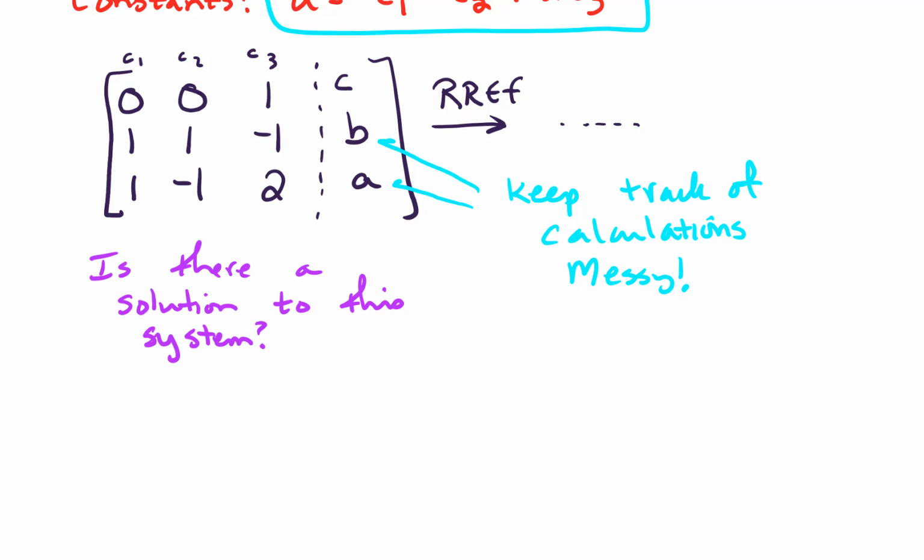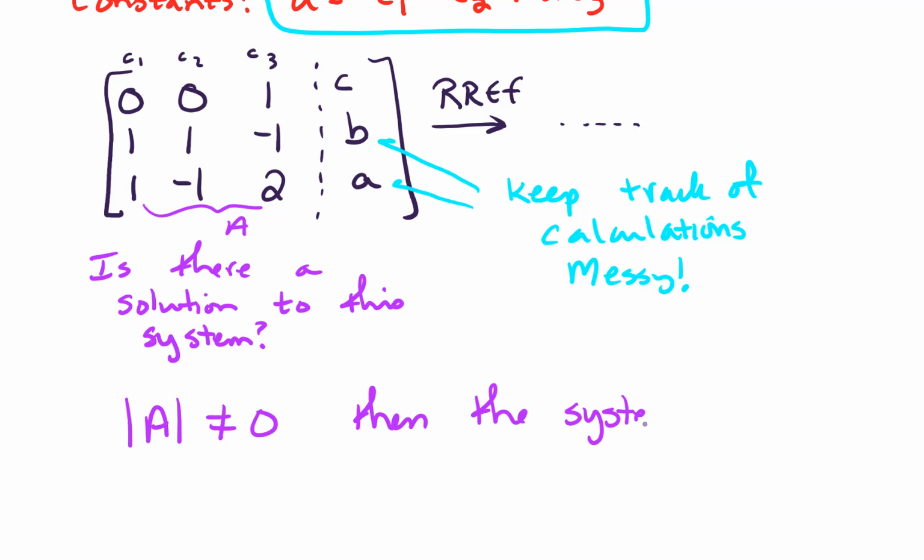And if we use some of the machinery we've developed so far, we recall that if the determinant, let's call this piece A, if the determinant of A is non-zero, then we know that the system has a unique solution. And that's a lot cleaner and quicker in our analysis than trying to RREF this and keep track of all these, you know, A minus 2B or whatever it is on this right-hand side.